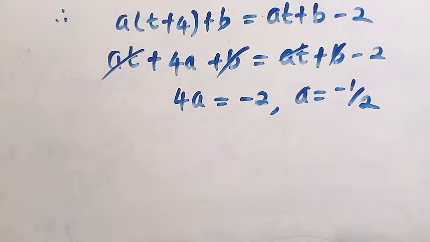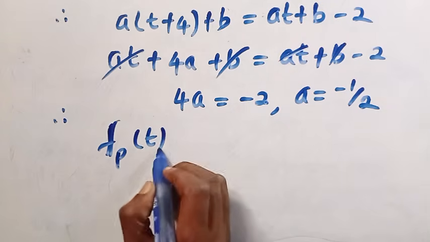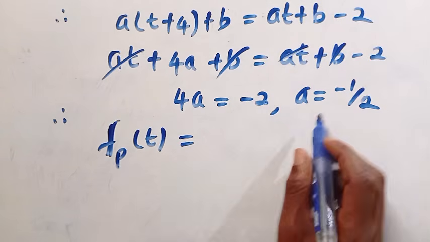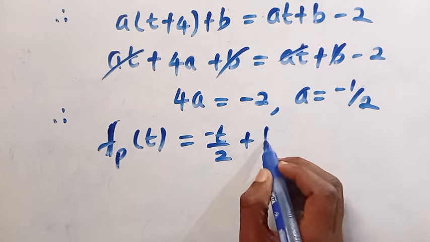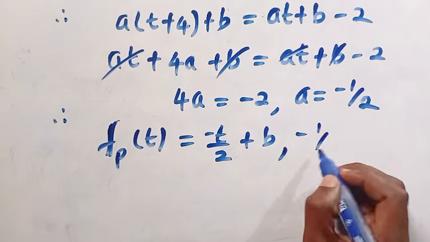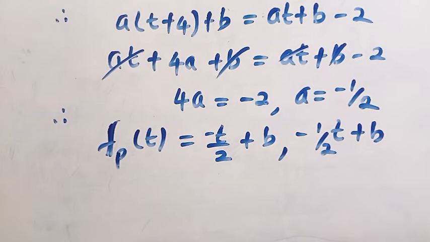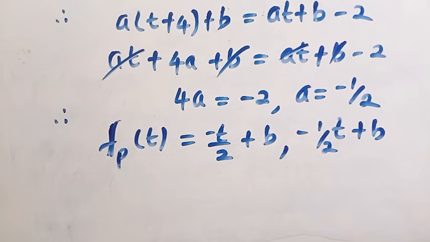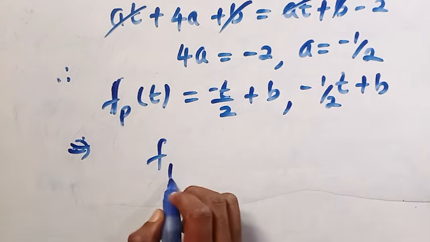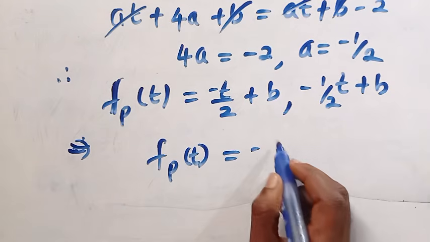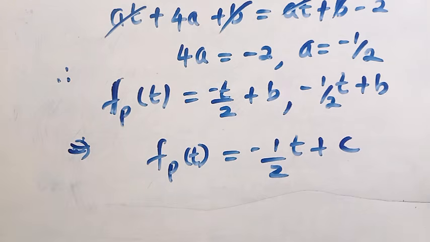Since this is gotten, we then have fp, that is the particular function, equals minus t over 2 plus b, or simply minus 1 over 2 t plus b. But since b is an arbitrary constant, we can call it another constant c. fp of t equals minus 1 over 2 t plus c. This is what we have.